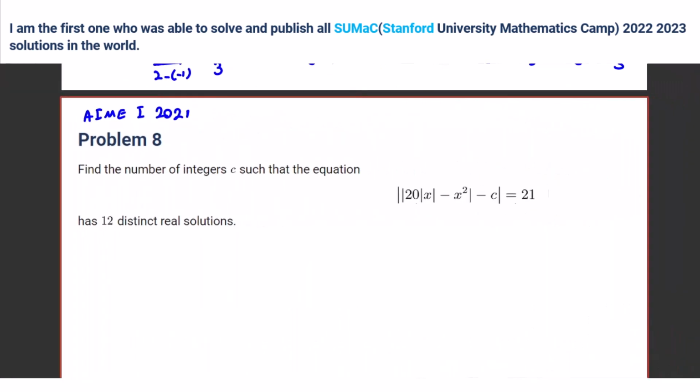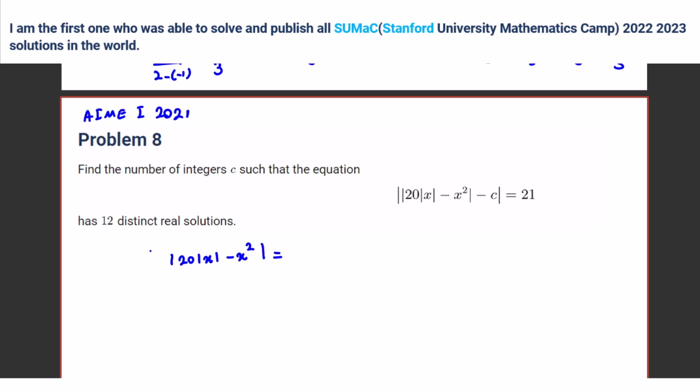Teacher, how do I even start? In this one, without drawing, it's hard to solve, right? But if you want to draw this one, it's also hard, because we don't know what C is, and we also have many absolute values. But we can say 20 times absolute value of x minus x squared is equal to what?